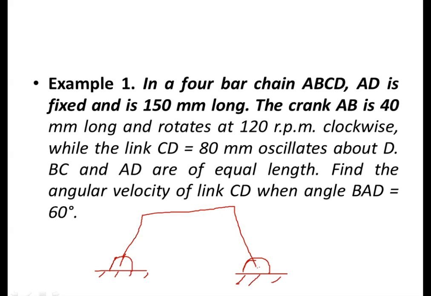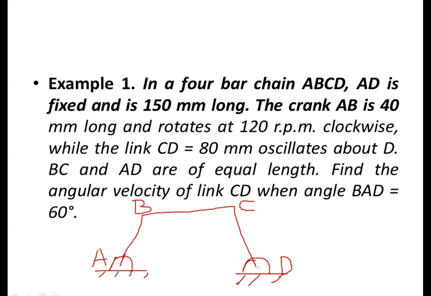Okay, and AD is made fixed, so we'll take this one as A, and D is made fixed. Okay, so this will be AD. So automatically this becomes B and this becomes C. Okay, so you need to construct this ABCD.